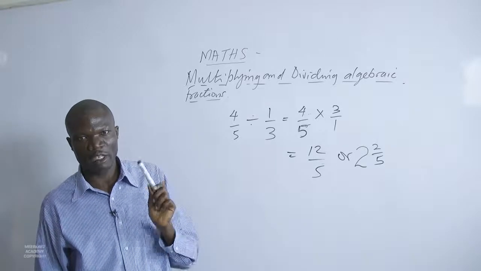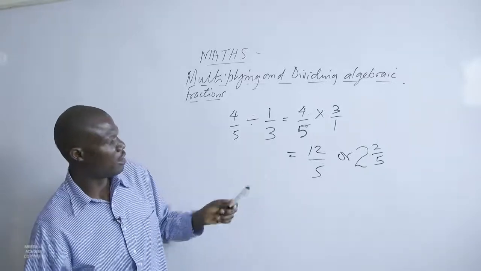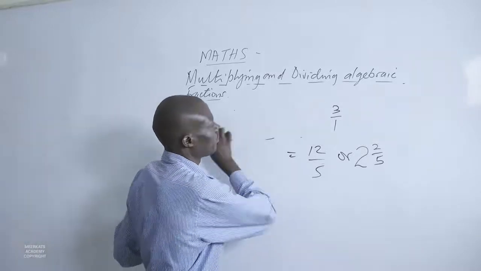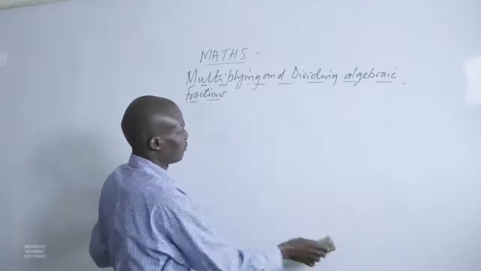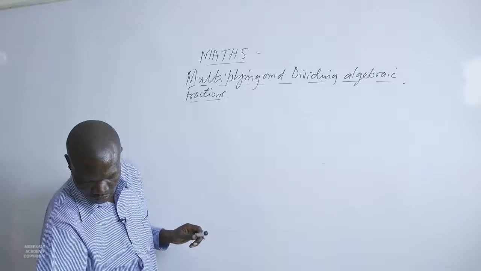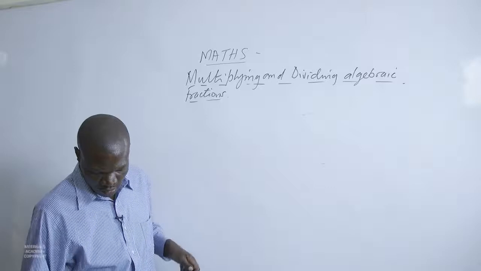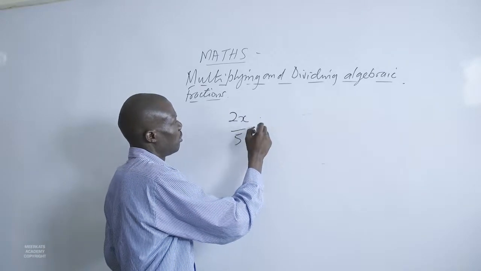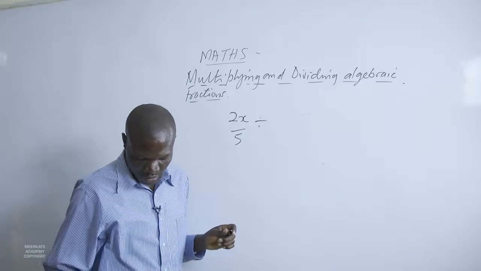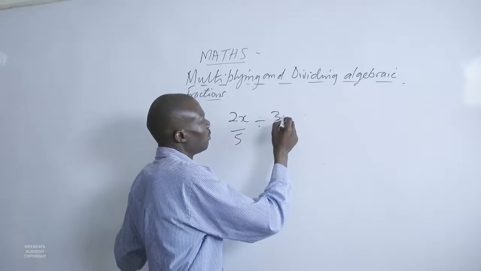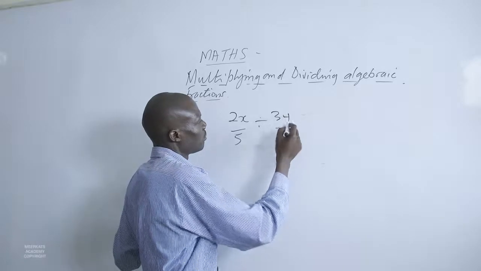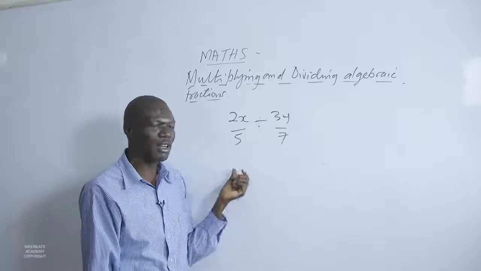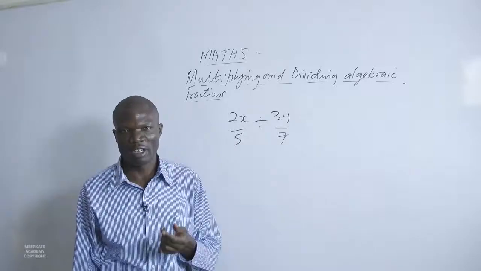For algebraic fractions, we have this: 2x over 5 divided by 3y over 7.